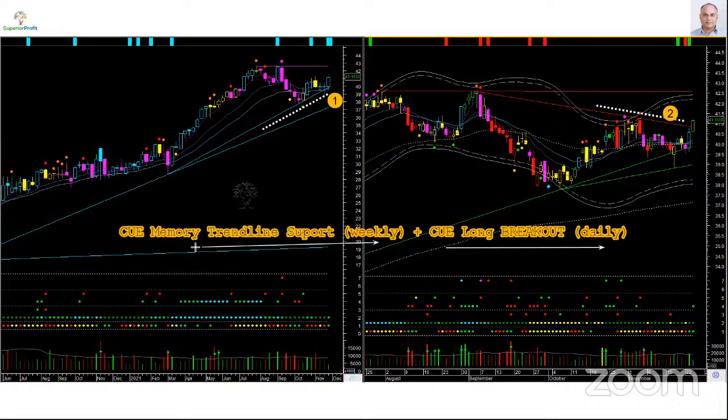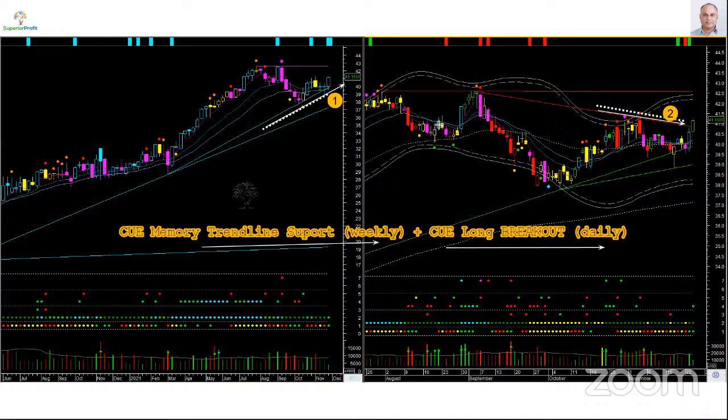So when I'm running a combo scan, memory trend line support in weekly, breakout from daily memory trend line resistance, this is what I'm looking for. And the combo scans do an excellent job in finding combination patterns. So this stock will be of interest to many people.